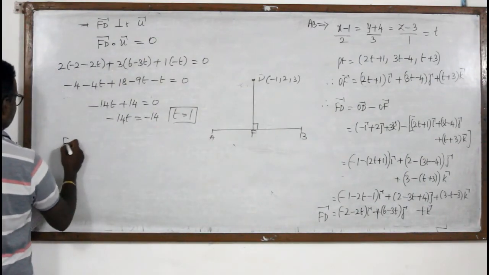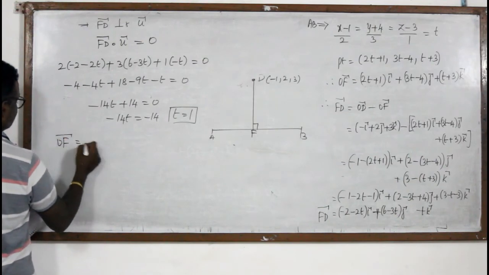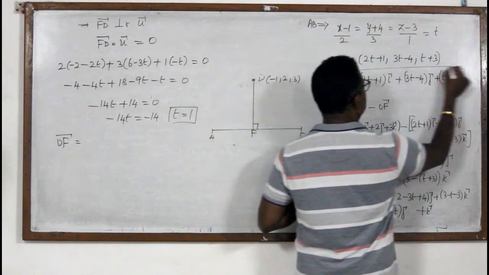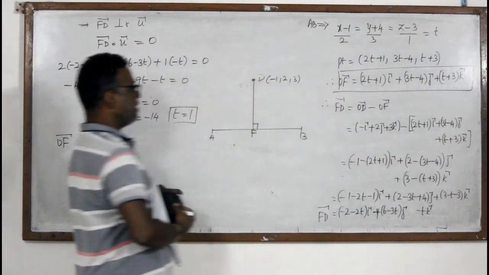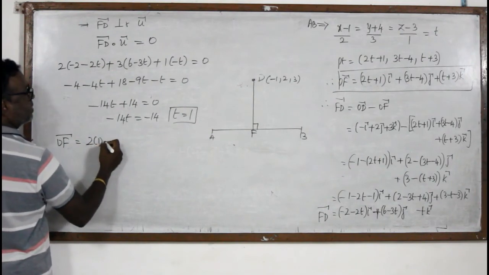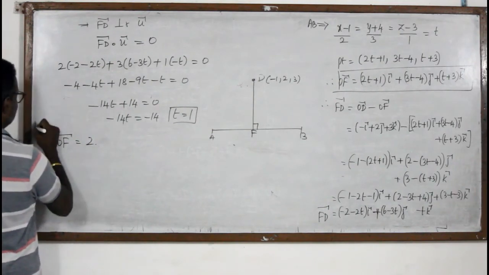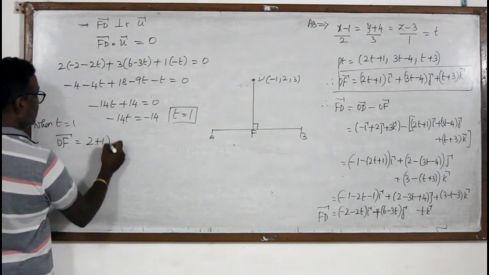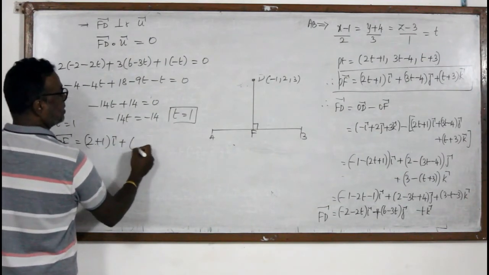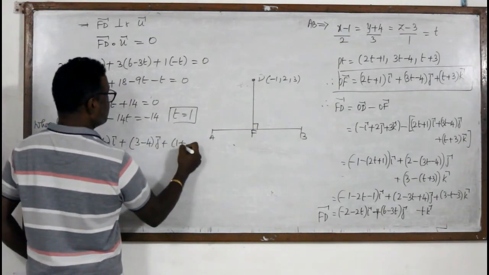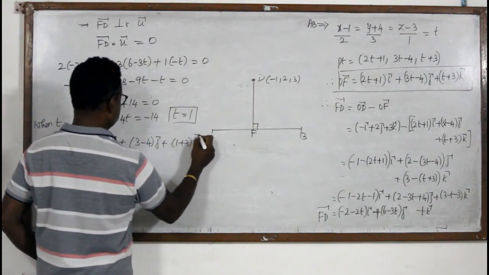Therefore, the OF vector is, from this let me find the point F, with t equal to 1: (2 plus 1)i, (3 minus 4)j, (1 plus 3)k.